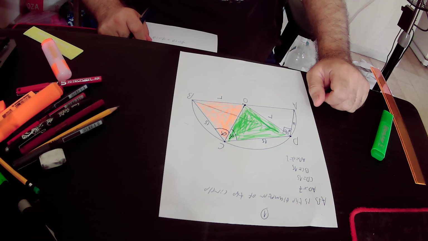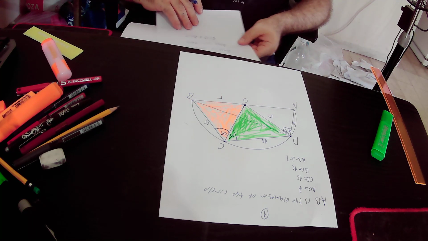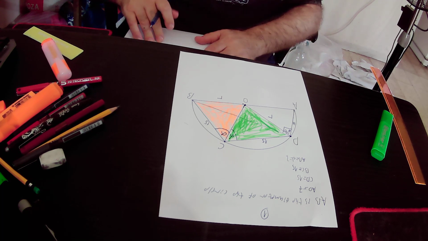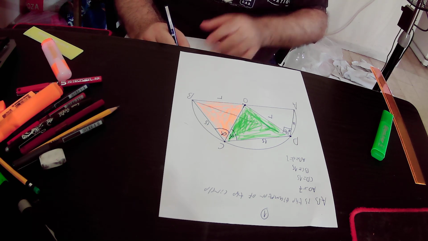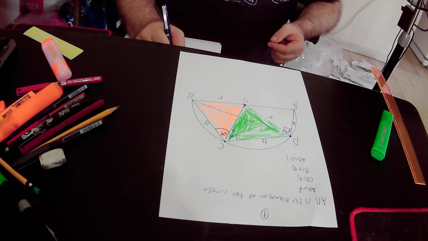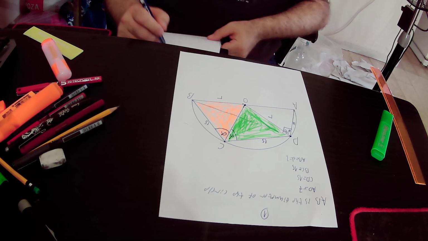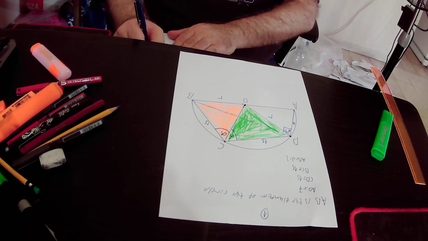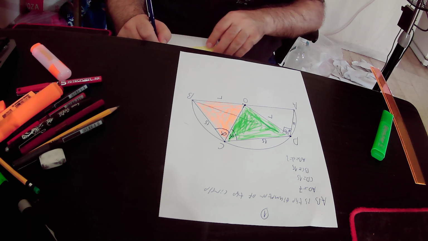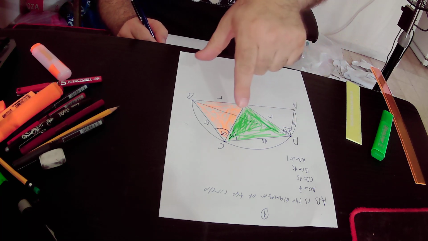In the next step, we will focus on triangle DCB. In triangle DCB, we know that side DC equals side CB.